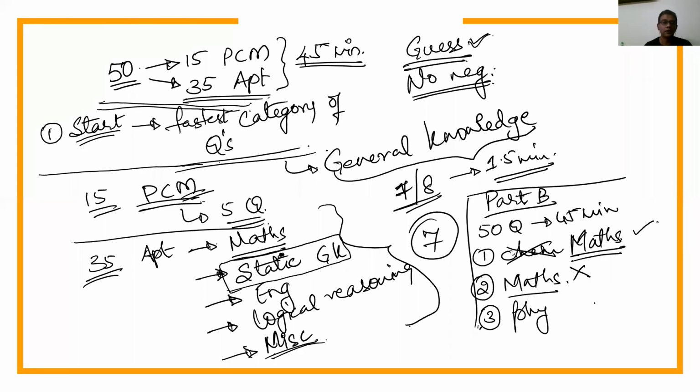Now assume physics came, and I'm doing this. By the end of, let's assume, 5 questions, you know what reality check is going to happen? When you look at what is left in your hand, you will see 45 questions left, and approximately 35 minutes, or you might even see 30 minutes left.